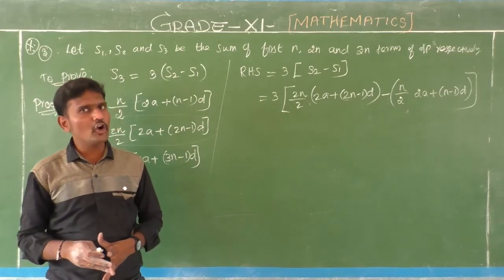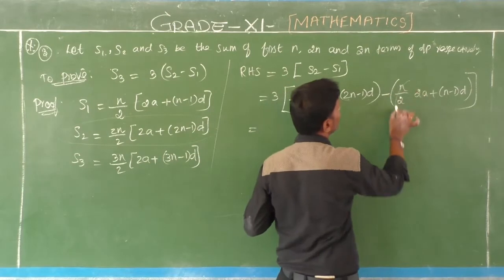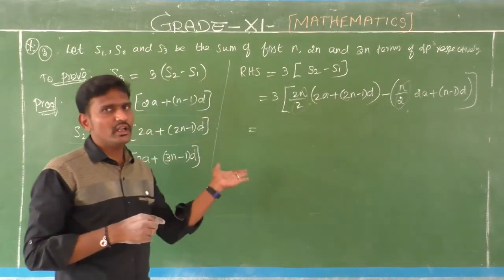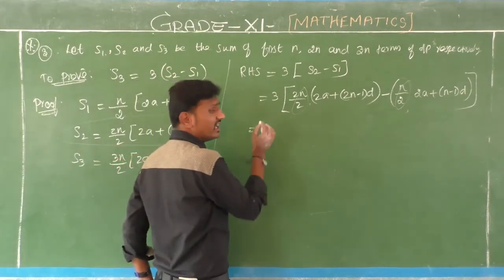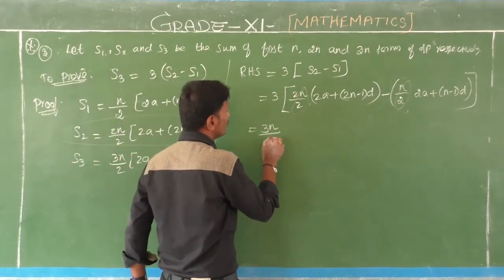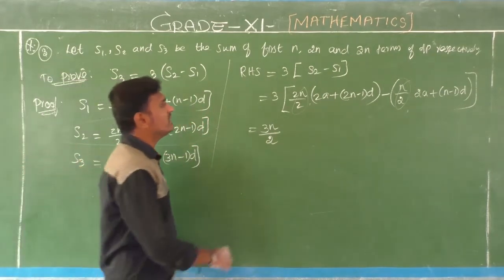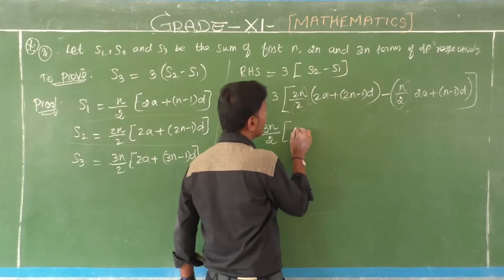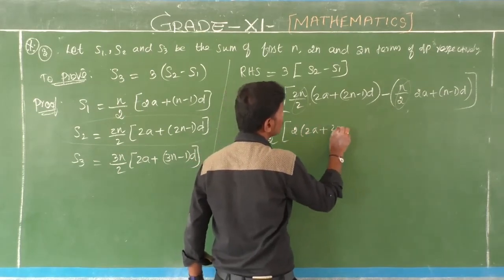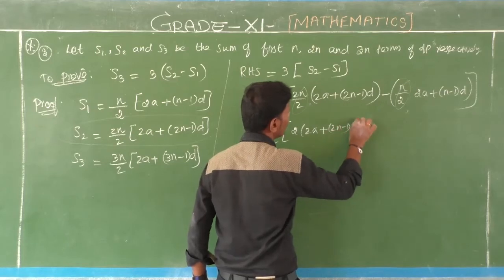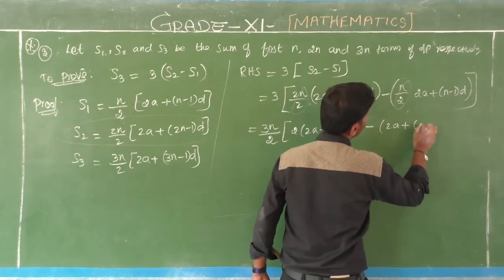Do you have anything common? Yes, I have a common term, n by 2 here and n by 2 there also. I am taking it outside as common from both terms. Already you have 3n, so it will continue as 3n by 2. And you have the remaining terms: 2 into 2a plus 2n minus 1 into d, minus 2a plus n minus 1 into d.